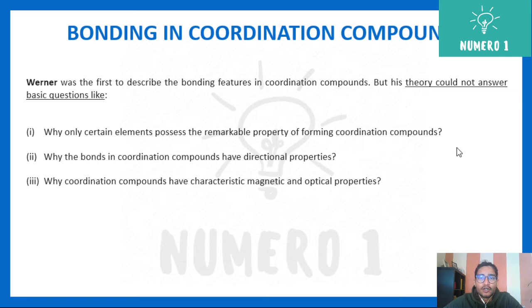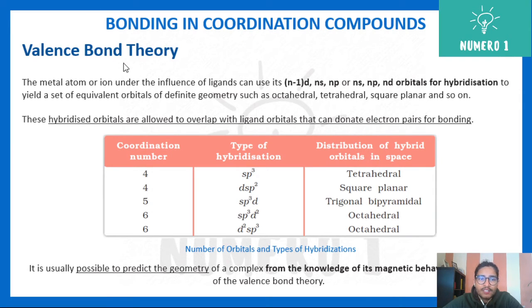So a new theory got developed, that was valence bond theory. Valence bond theory simply says that the central metal atom or ion, under the influence of ligands, can make (n-1)d, ns, np orbitals available for accepting electrons, or it can use ns, np, nd orbitals for hybridization.